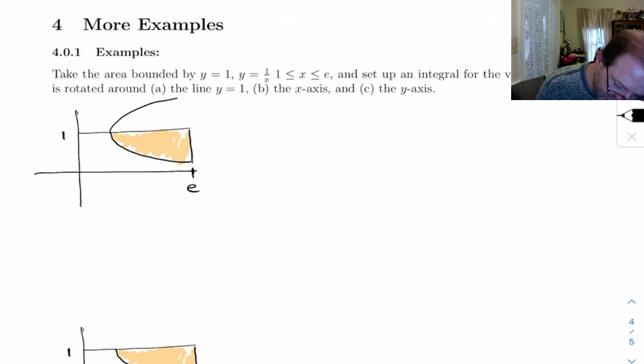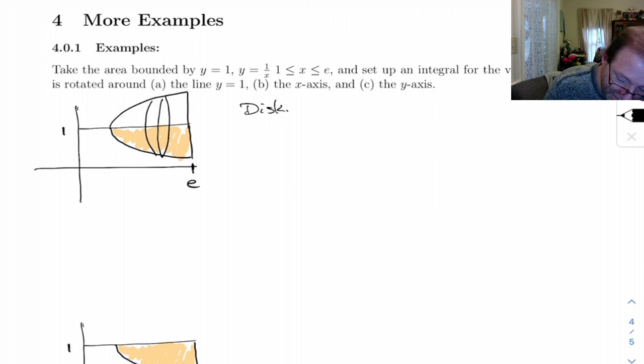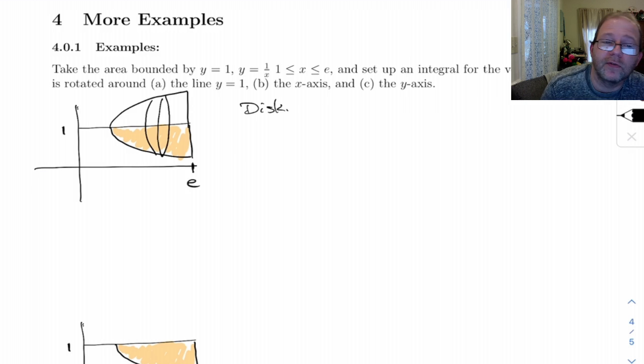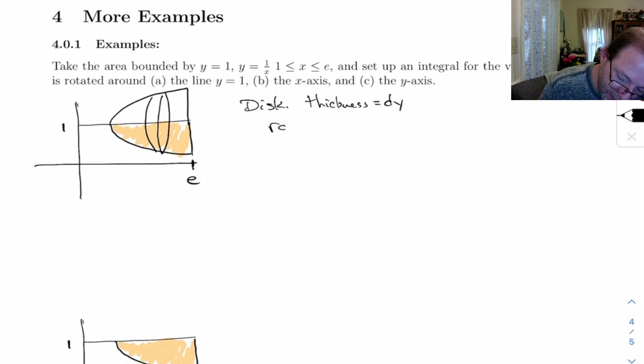All right, so y equals 1, that's going to give us this for our upper half. And so this is going to be a disk. The radius, or actually, it shouldn't do the radius first. You need to do the thickness first. Thickness on this is going to be dy. And the radius is going to be from here to here.